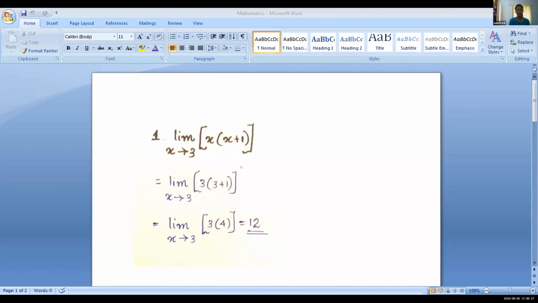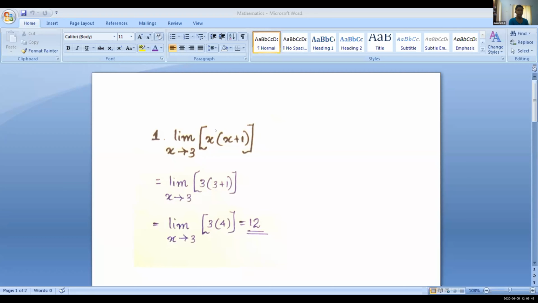The question we are dealing with is the limit x tending to 3 of x into x plus 1. Since the limit is tending to 3, instead of x we can put the value 3.